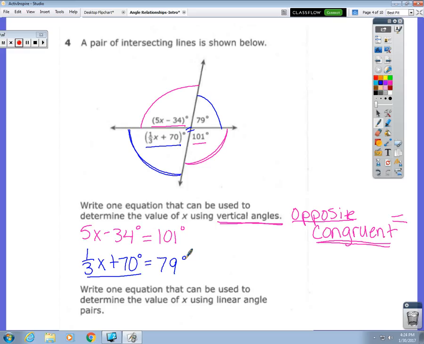Next problem, write one equation that can be used to determine the value of x using linear angle pairs. Linear angle pairs is the same thing as adjacent angles. Make sure you write that down. Linear angle pairs are the same thing as adjacent angles.